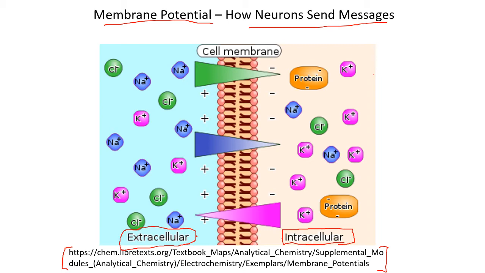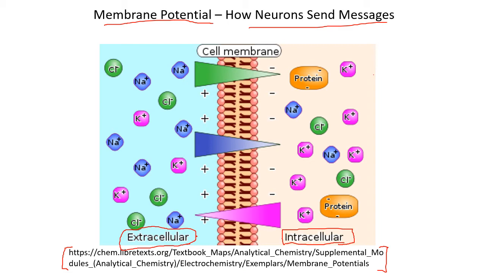And what we see is that both inside and outside are going to have different chemicals with different charges. Remember, charged particles are called ions, right? So there's going to be a different proportion of ions inside and outside the cell.